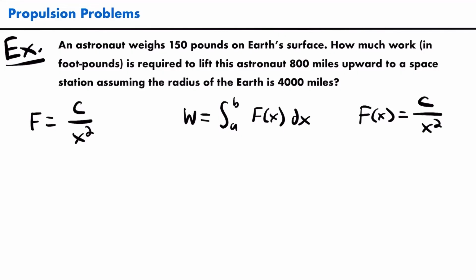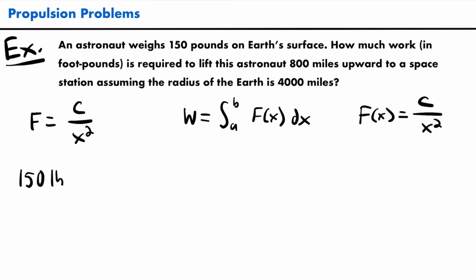And you're most likely always going to be given something in your problem that will allow you to solve for that constant. We're told that an astronaut weighs 150 pounds. That is a force, and he weighs that much on Earth's surface. And we're also told that the radius of the Earth is 4,000 miles. So we can figure out the constant of proportionality between the astronaut and the Earth. We know that the force, or the weight of our astronaut, is 150.